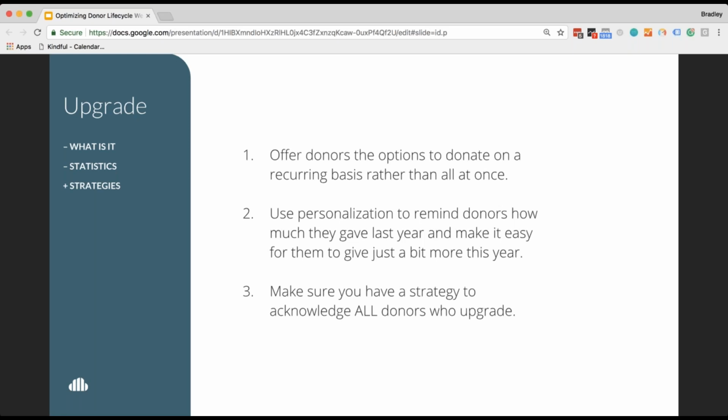And then lastly, I would encourage people to make sure you have a strategy to acknowledge all donors who upgrade. Obviously, for the most part, organizations understand when a major donor gave more this year than last year. But where that sometimes becomes more difficult is when people at the mid-level and below upgrade. You really want a way to highlight and understand when someone hits that mark that they gave more.